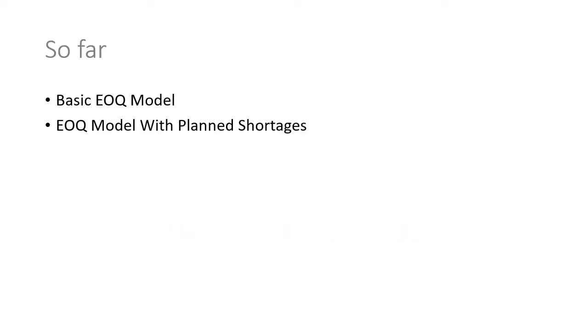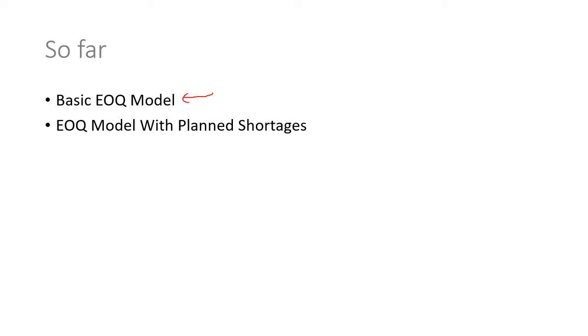So far, we have seen two models in this category of deterministic continuous review models. The first model was the basic EOQ model under three different assumptions. First assumption was of constant demand rate. Second assumption was of obtaining or replenishing the inventory just when desired.